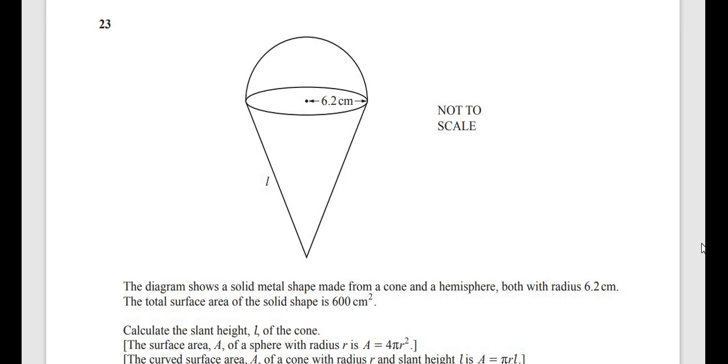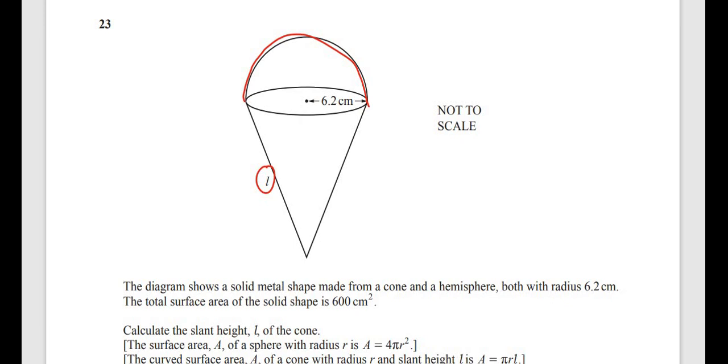So calculate the slant height of the cone. The surface area means the area of the outside. So the surface area includes the hemisphere and then the curved surface of the cone.